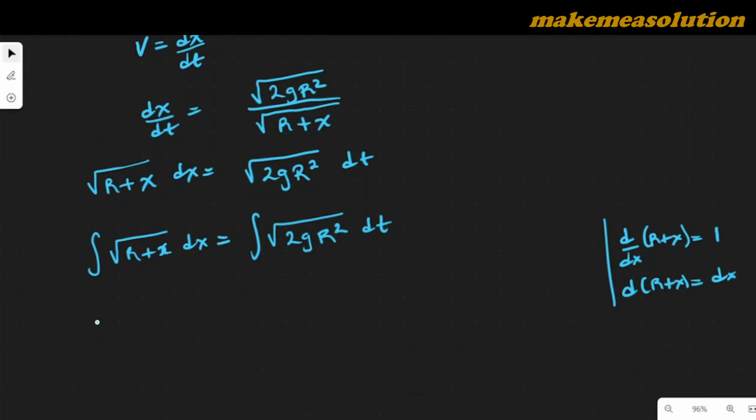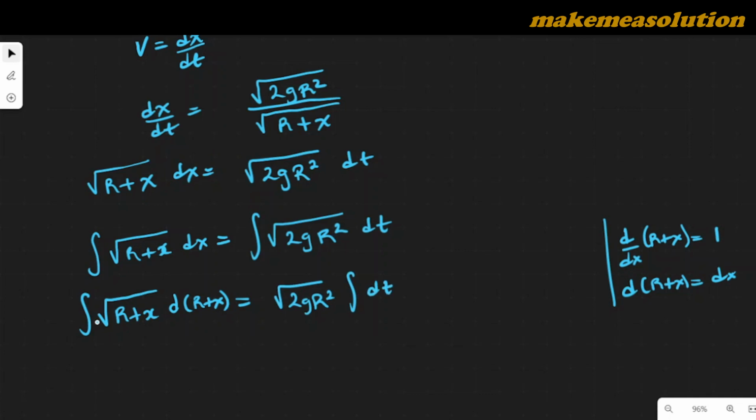Now what we have is the integral of root r plus x, instead of dx, we have d of r plus x, and this is equal to, if you integrate this one, 2gr squared, which are all constants, the integral of dt.